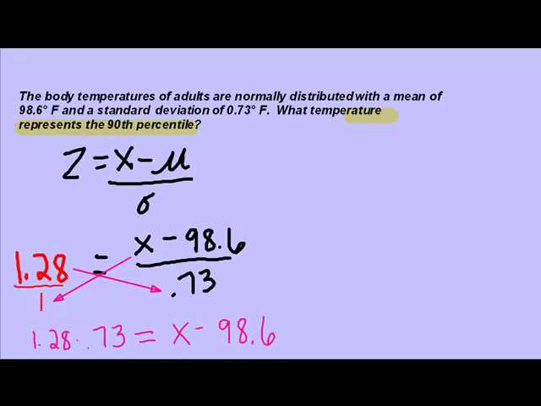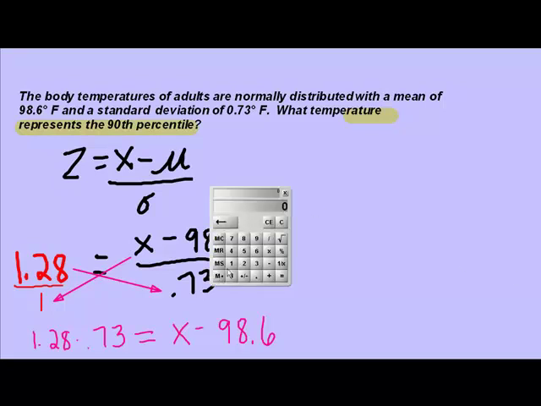Since anything times 1 is itself, we can go ahead and solve this. Grab my calculator to find that 1.28 times 0.73 is 0.9344.